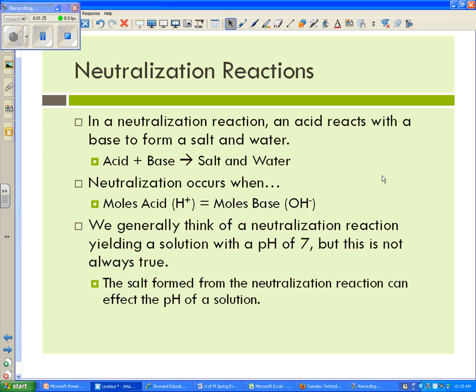But this is not always true. The salt that is formed from the neutralization reaction can actually affect the pH of the solution. We'll talk about how that happens and why that happens shortly.